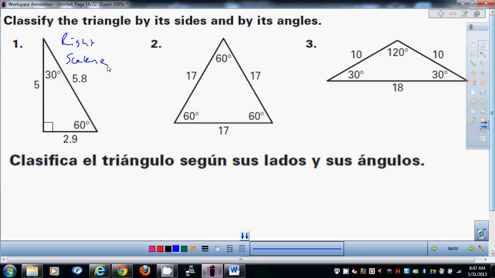Cameron. Are you looking at number 3? Oh, no. Number 3, you're right. Number 3 is obtuse and isosceles. But that's not the one I asked about. Malik. Finish it up, Ariana.